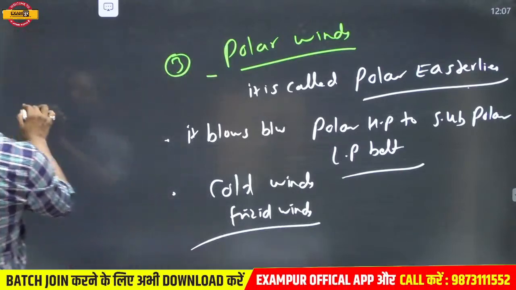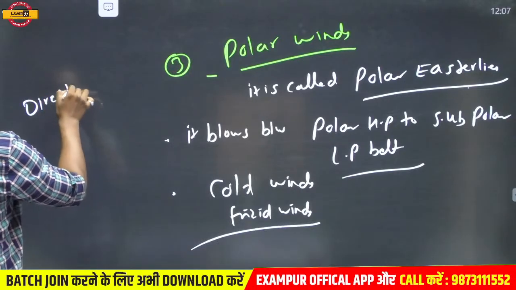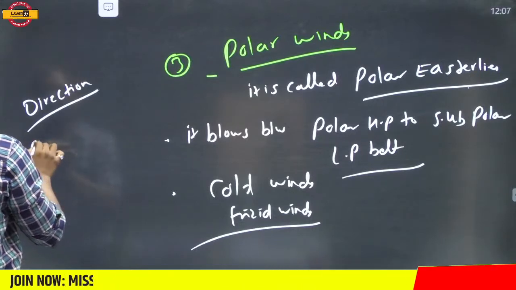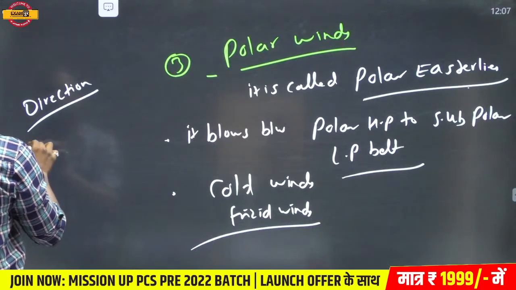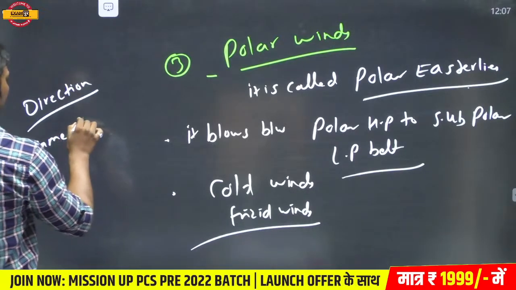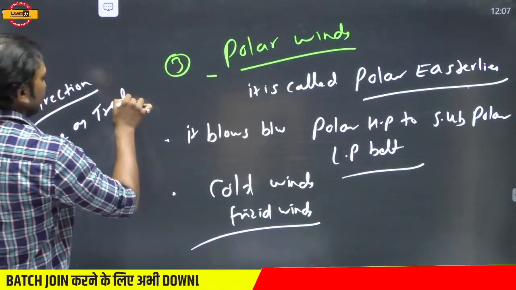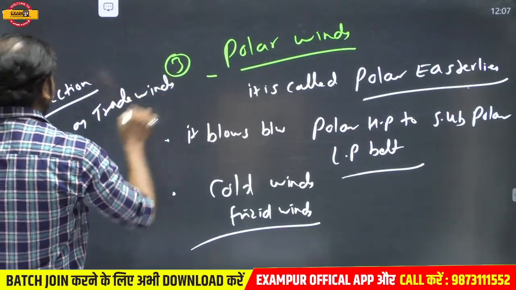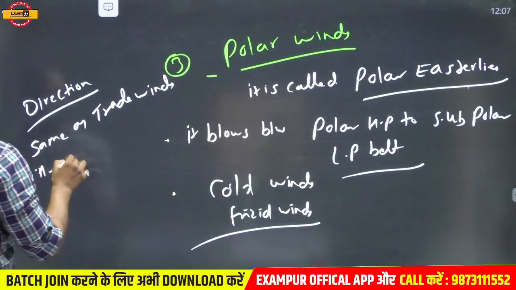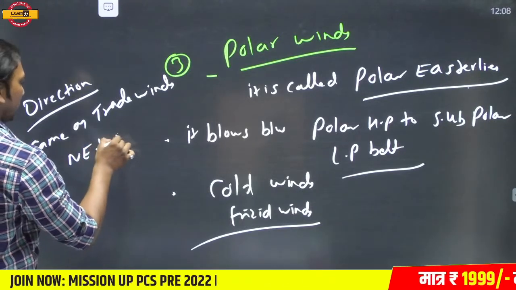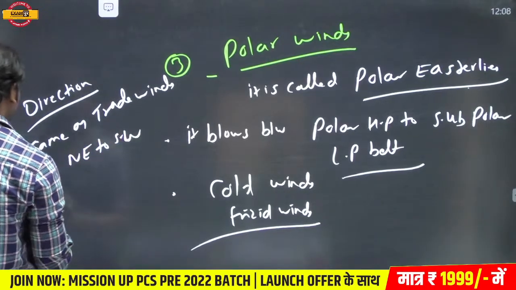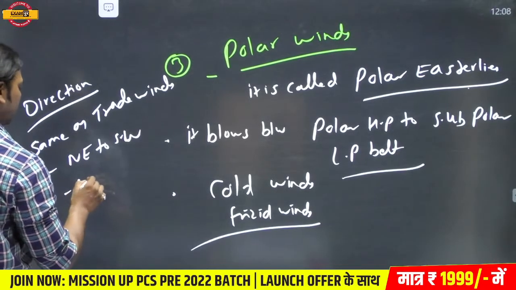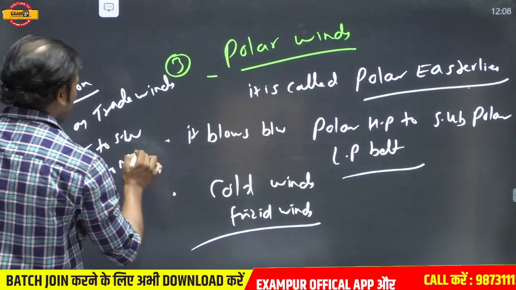And what about the direction of these winds? Direction is the same as trade winds. Both have the same direction. In the northern hemisphere, you can see northeast to southwest, and in the southern hemisphere, southeast to northwest.